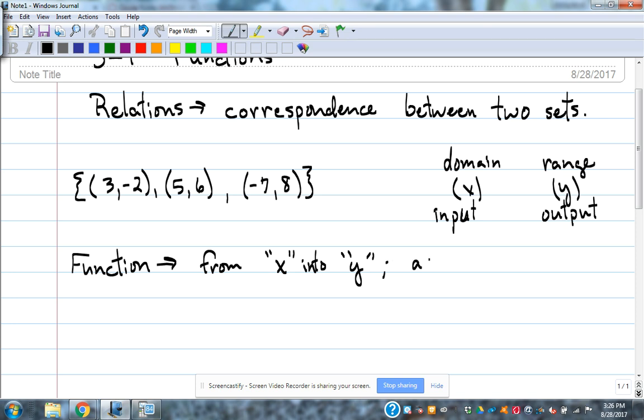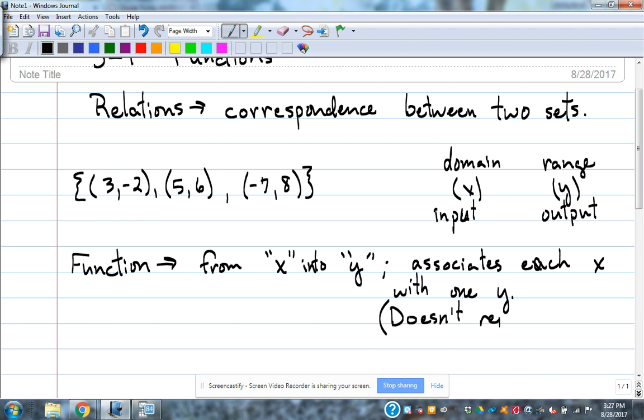What that is, it associates each x with one y. It doesn't repeat x values. Okay. Doesn't repeat x values.